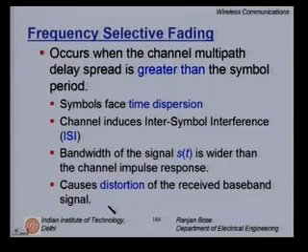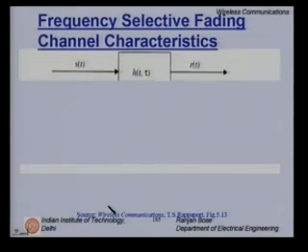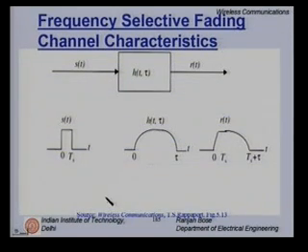If we look at it in the frequency domain, it will become much clearer. So, let us look at the frequency selective fading. Again, we have a frequency selective channel represented by h(t, τ). The signal that we are sending is s(t), and what we receive is r(t). Now, in this case, please note in the time domain, s(t) is much smaller in terms of the width of the symbol Ts.